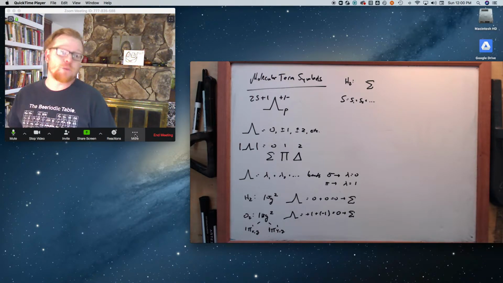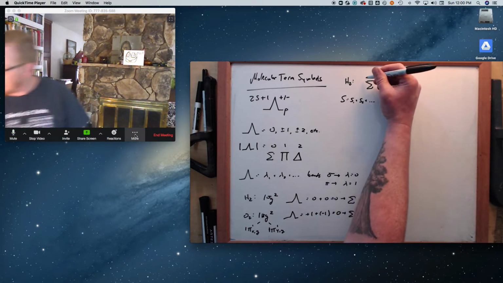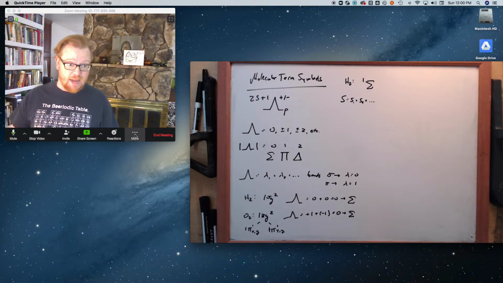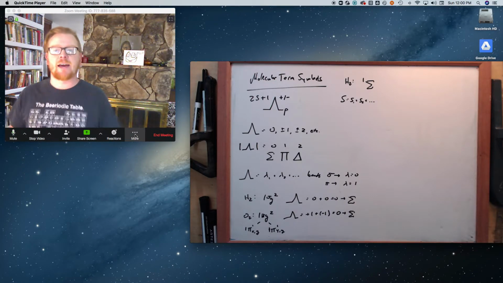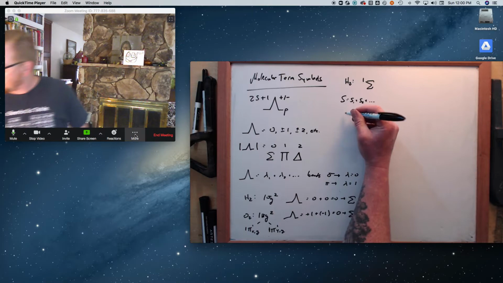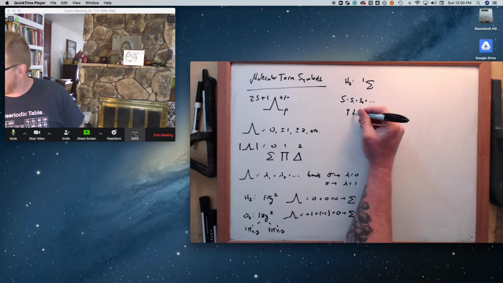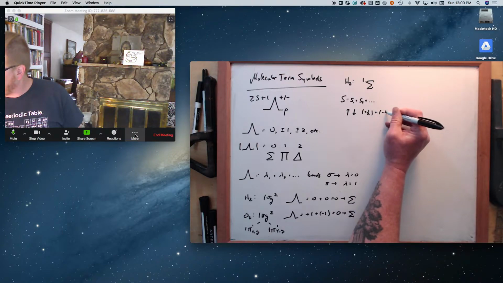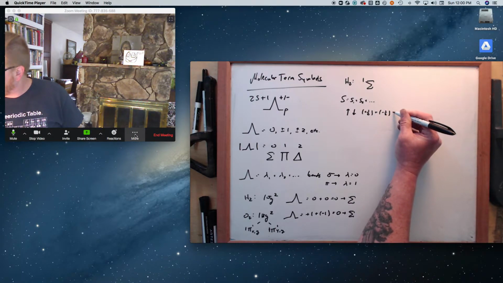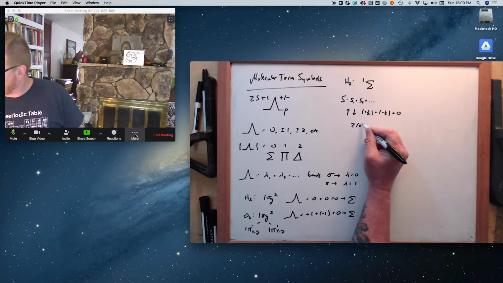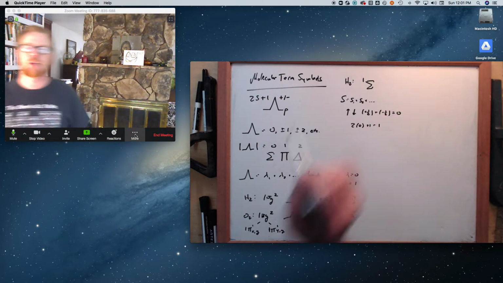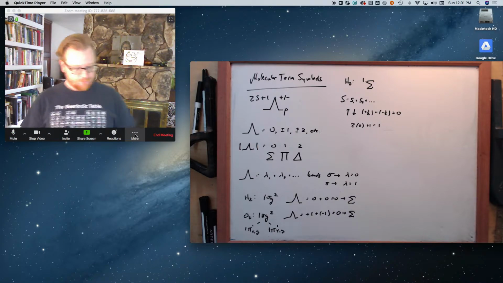So right away, if you recognize that that's a singlet state, you can just automatically make that a number 1 because it is a singlet state. But if you didn't recognize that, remember those 2 electrons are spin up and spin down. So that's a +1/2 and a -1/2, giving you an S of 0, and 2 times 0 plus 1 equals 1. So that's where we get that it's the singlet state.